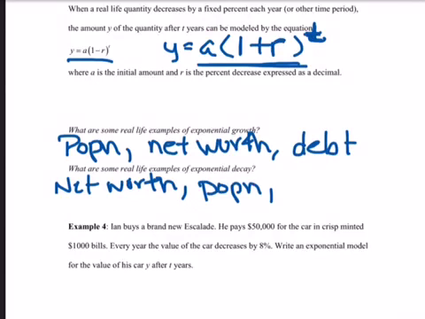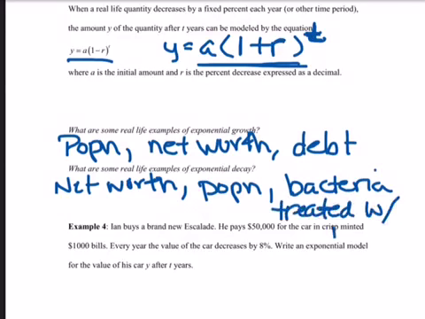It could be bacteria treated with medicine, and so on. So there's lots of ways in which we can see exponential growth and decay depending on whether the thing that you're looking at is increasing or decreasing.